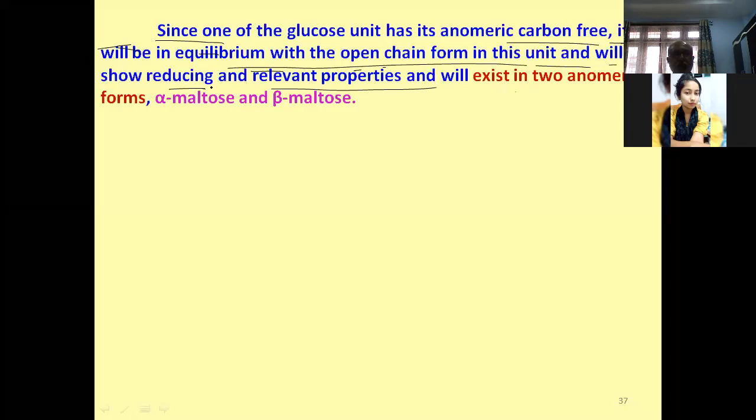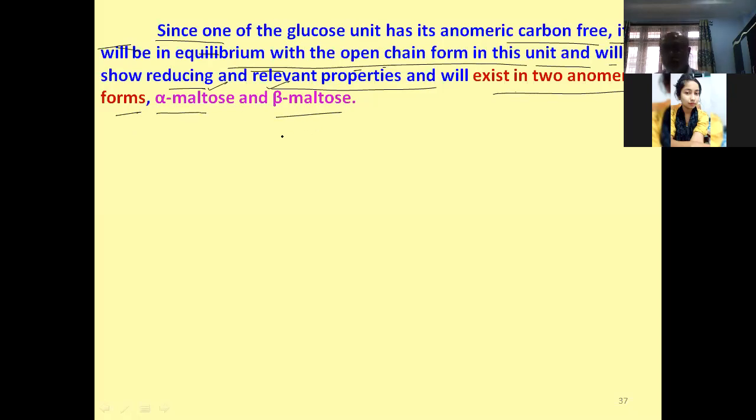That means it will be reducing in nature, it can react with phenylhydrazine to form osazone, it will react with other reagents like NH2OH, etc. And it will exist in two anomeric forms. So for maltose, we have alpha maltose and beta maltose. Two maltoses will be there.